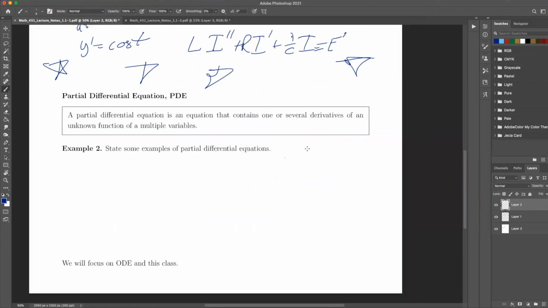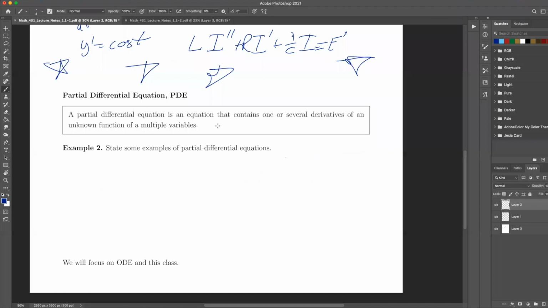All right, so partial differential equations are equations that contain an unknown function of multiple variables. And so these are PDEs. Let's talk about the heat equation.